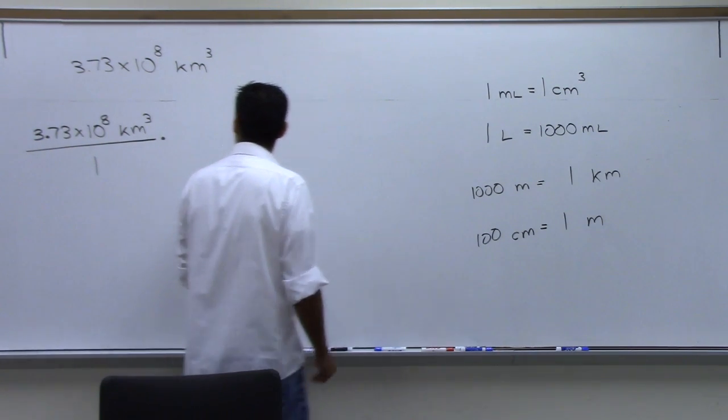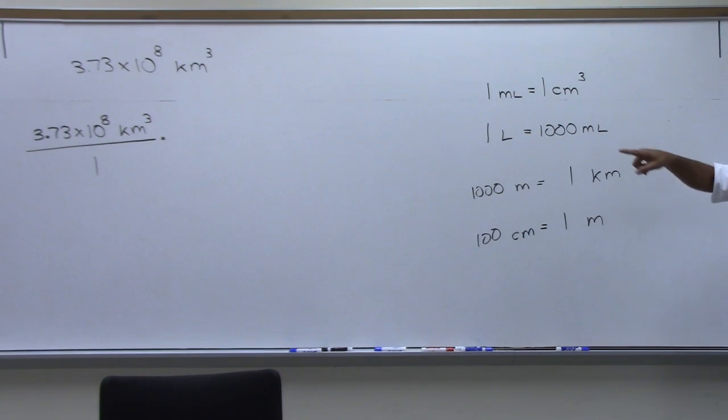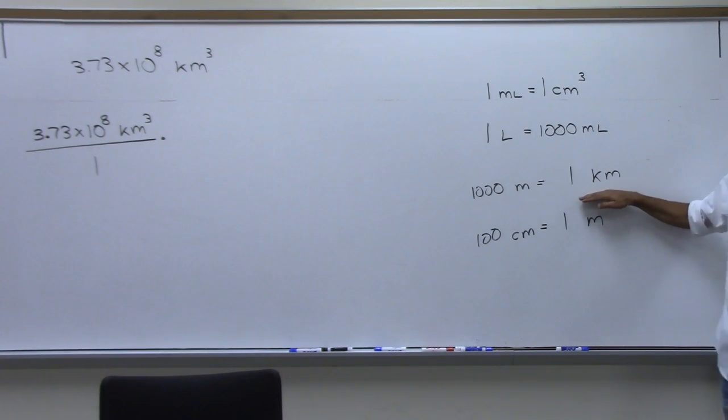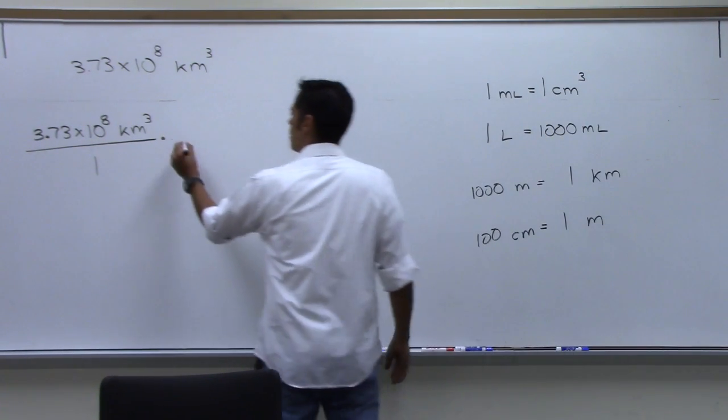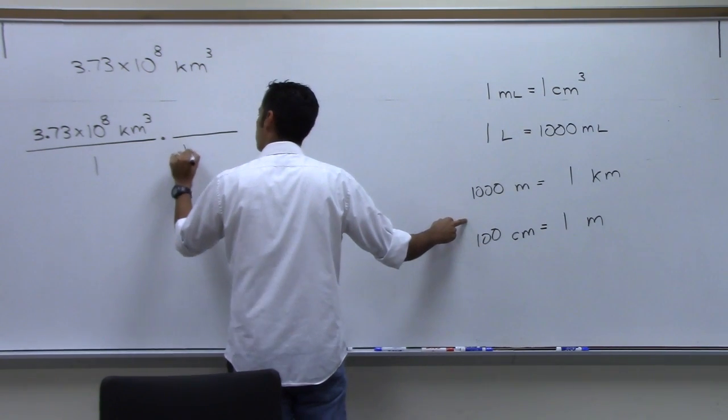All right, what do you want to start with here? Kilometer. Let's kill off our kilometer cubed. So we're going to need to use this one, right? How many of these? 3 of them. Okay, so what goes on the bottom? 1 kilometer.